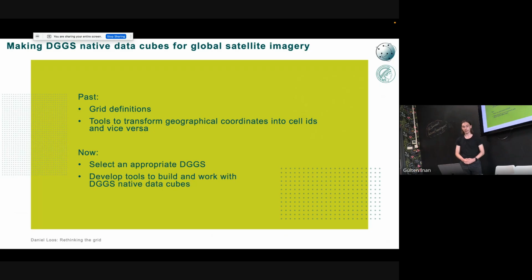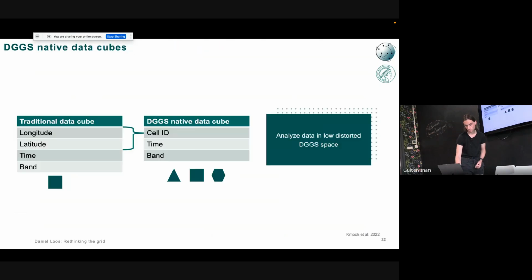Now we can select an appropriate discrete global grid system, and we actually want to develop some tools to build and work with so-called DGGS-native raster data cubes. The difference from a normal data cube, where you have longitude and latitude, is that you have a different spatial dimension, like a cell ID.